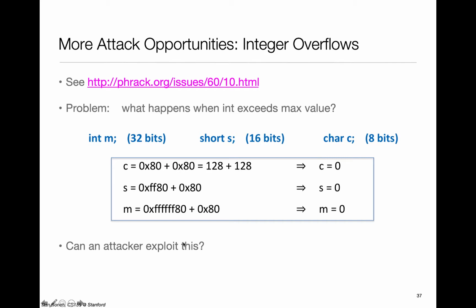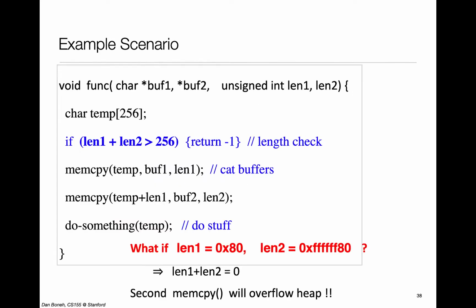So how might an attacker exploit this? Let's say we have this function here that was written by some programmer that thought they were familiar with buffer overflow attacks. This function is simply trying to concatenate the second buffer to buffer 1.